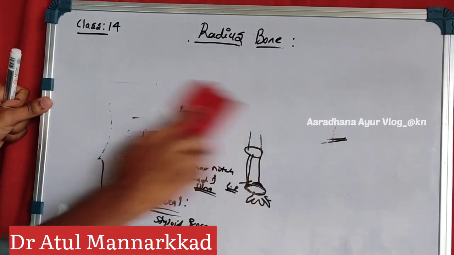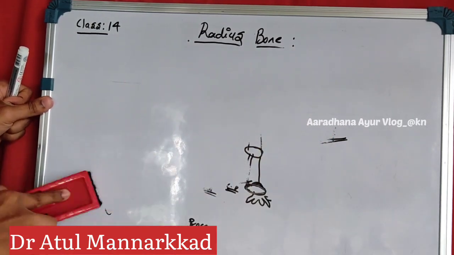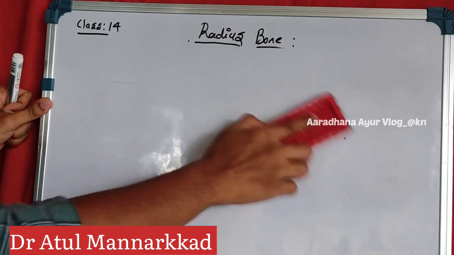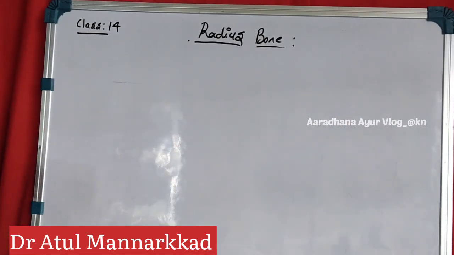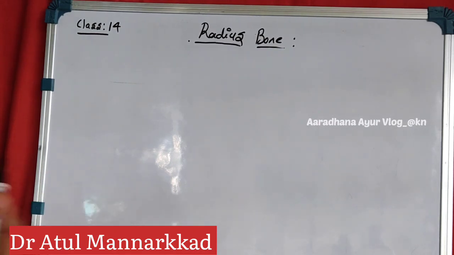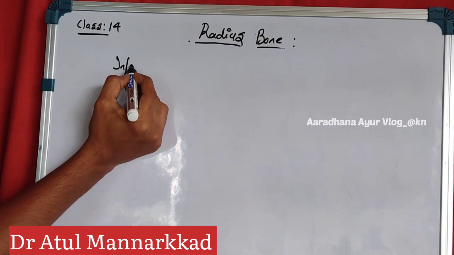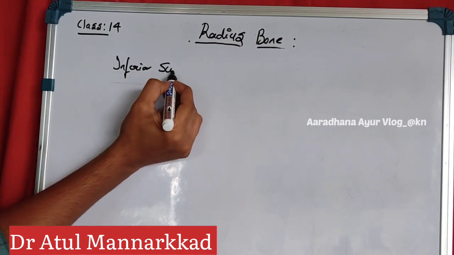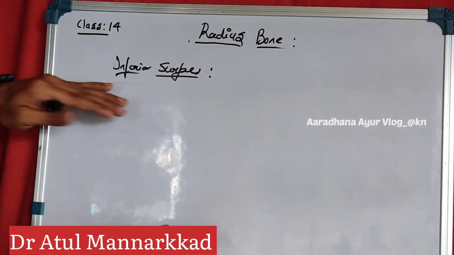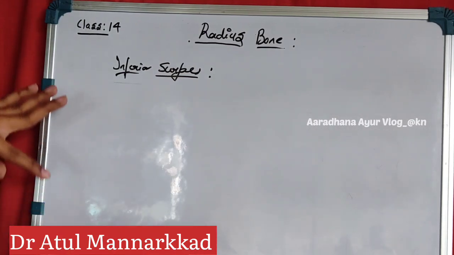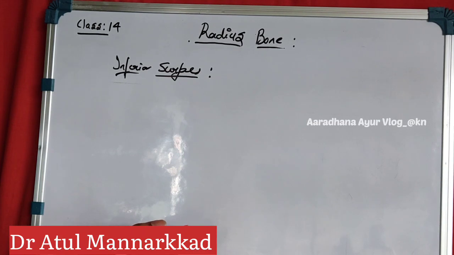Which surface of the radius bone forms the wrist joint? It is the inferior surface. We are discussing the 5 surfaces of the lower end, and the 5th surface is the inferior surface. There is a triangular area.